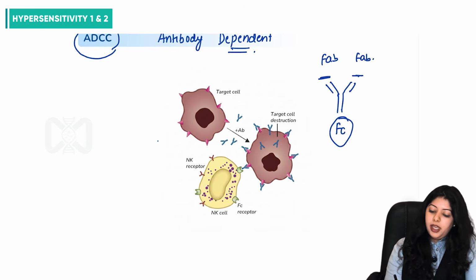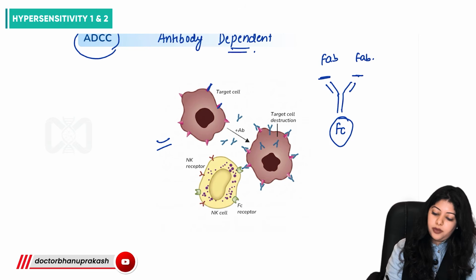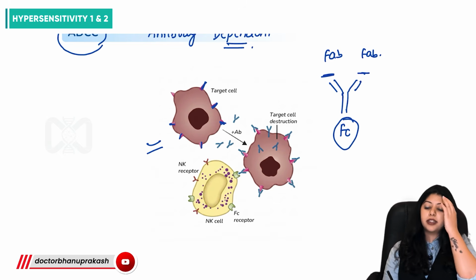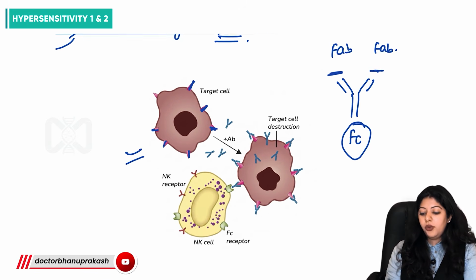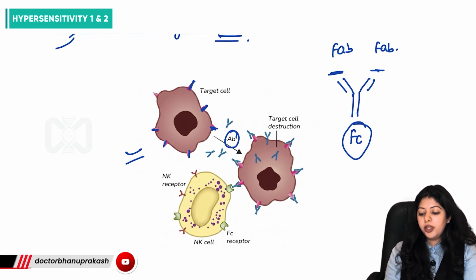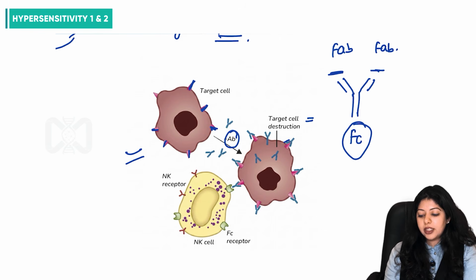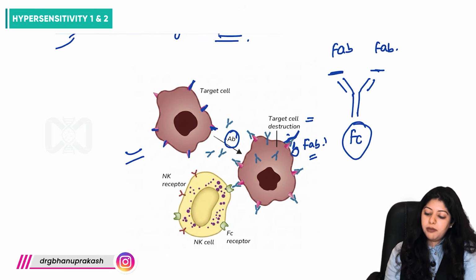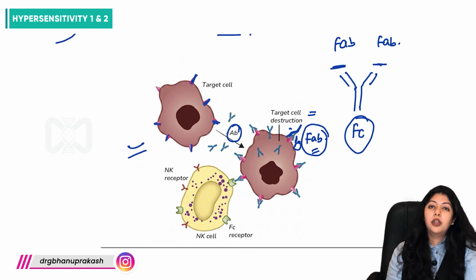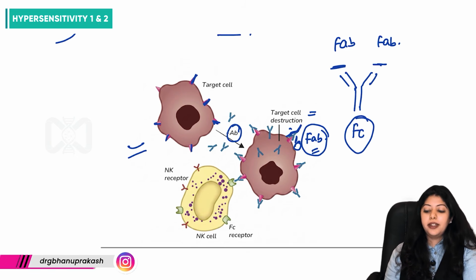Now suppose this is the target cell and it has the antigens. These are the antigens which are present on the target cells, right? The antibodies are going to coat the target cell with the help of their FAB portion. So FAB portions are now engaged on the target cell having the antigens.